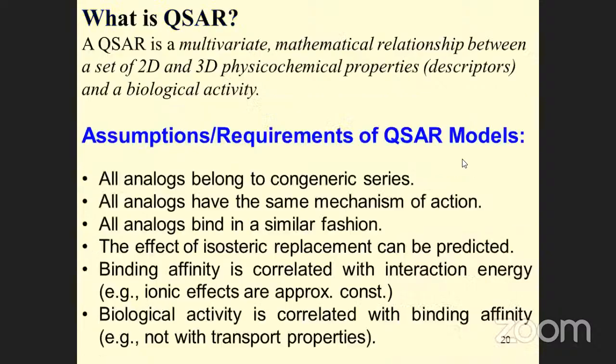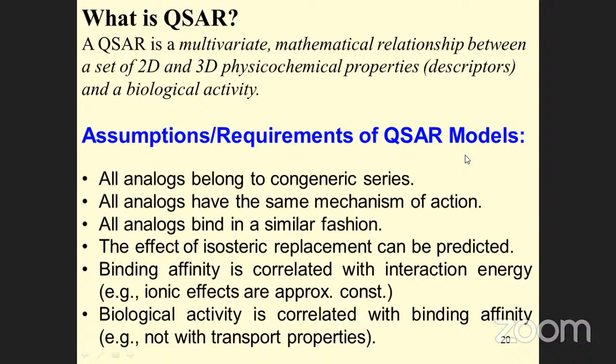Next one. So what actually is QSR? QSR is a multivariate technique. Multivariate means we feel that biological activity varies with so many factors. One factor cannot control the whole biological activity. Multiple factors govern the biological activity. That's why we call it a multivariate technique.